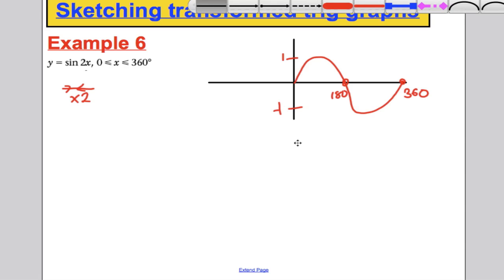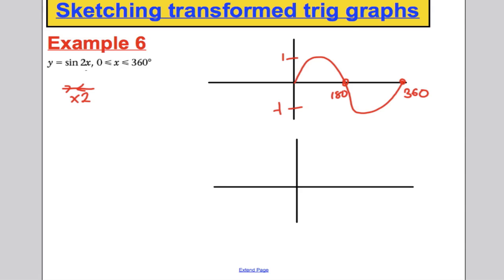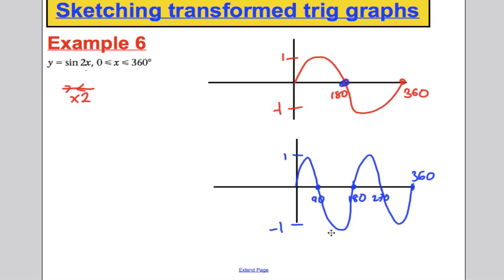So if I drew that here, it's going to cross not at 180 now, but at 90, not at 360 now, but at 180. So it's going to come up to 1 and down quickly. It's going to come back up, and then also we're going to get another set in there. We're going to come up and down to 270, and we're going to come up and down at 360 here. And there we go, the key points there, that is y equals sine of 2x.